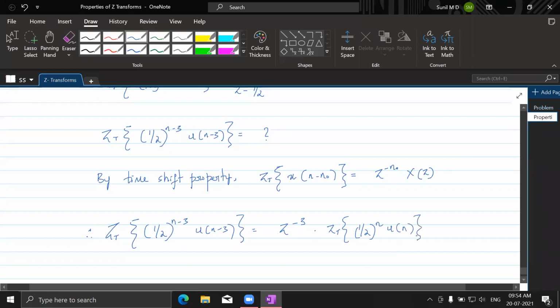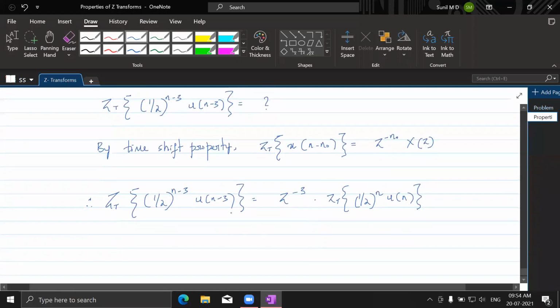So it is z to the power minus 3 into z by z minus half, with ROC z outside the circle with radius half.